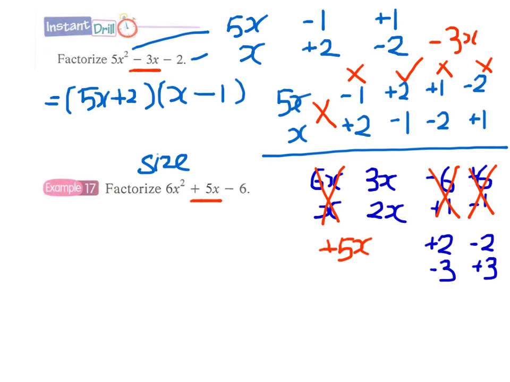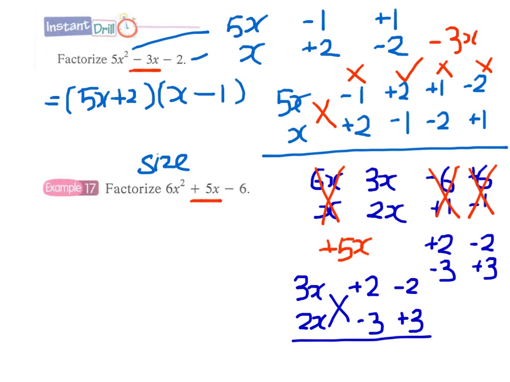We can just cross out those not likely pairs of factors. And now, if we remove all those extreme values, or factors with very large or very small numbers, we can try now 3x, 2x, plus 2 minus 3, minus 2 plus 3.